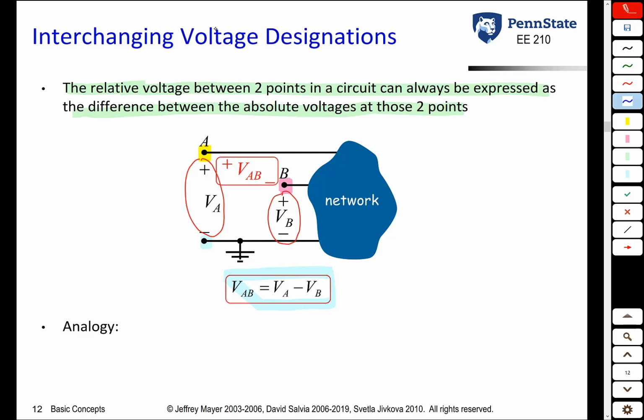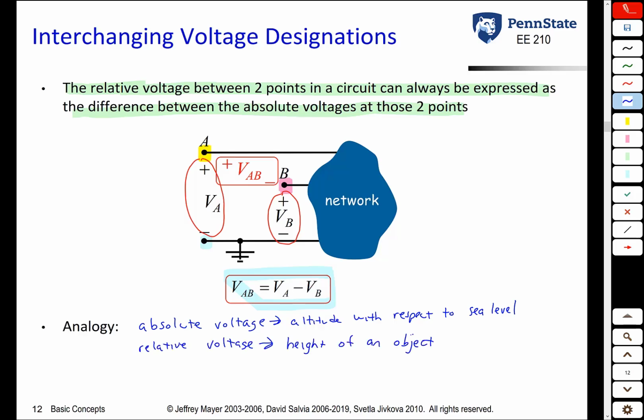So relative voltage between any two points in a circuit can always be written as the difference between two absolute voltages. A good analogy for the difference between relative and absolute voltages is as follows. Absolute voltage is like the altitude with respect to sea level. Relative voltage is like the height of an object. For example, let's take Mount Nittany. So it's roughly shaped like that. The elevation at the base of Mount Nittany is about 1,315 feet above sea level.